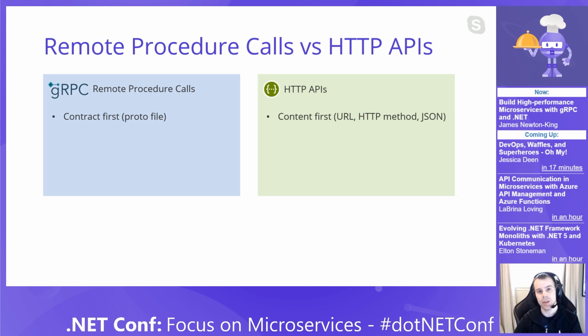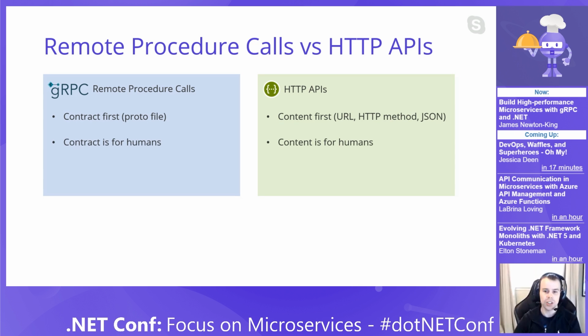Meanwhile, HTTP APIs, typically the first thing you would start doing is you would start writing code to generate URLs, so setting up routing, worrying about HTTP methods and JSON. You think about the content first. And although you can create a contract for HTTP APIs, you might have heard of OpenAPI and generating one with Swashbuckle and .NET. That's like an optional step, while it's very much required with gRPC.